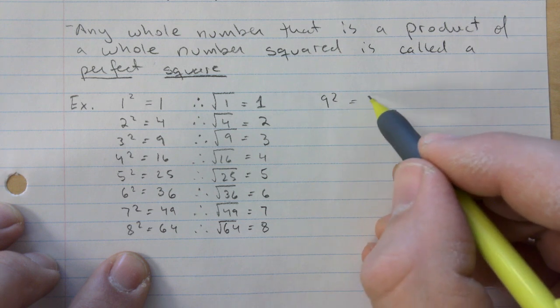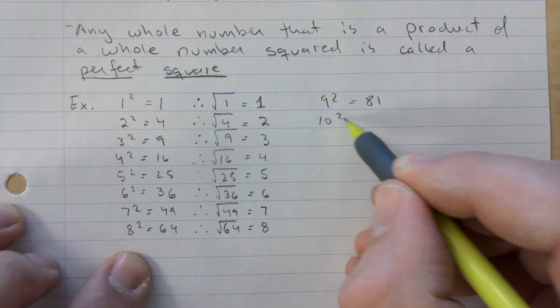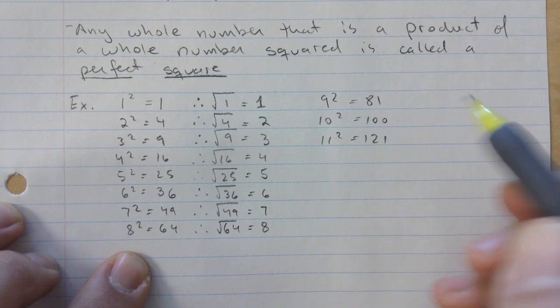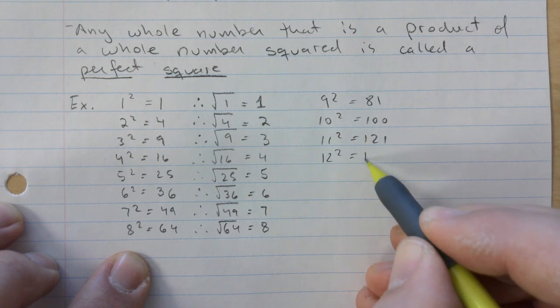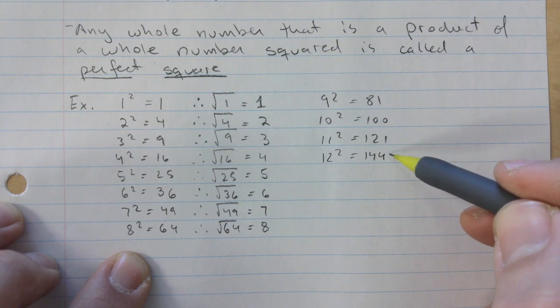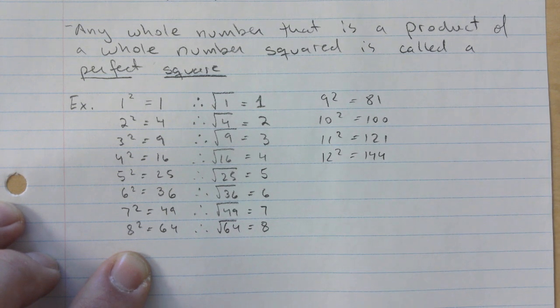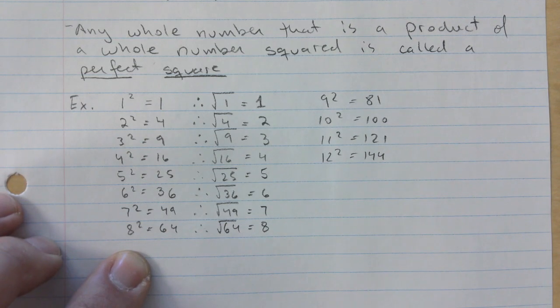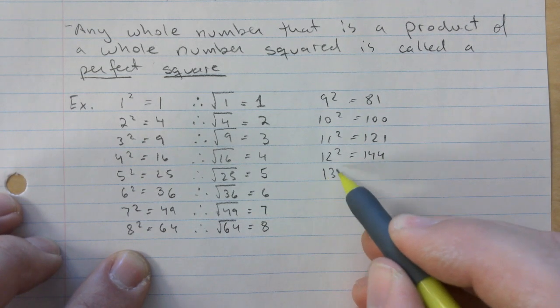So 9 squared is 81, 10 squared is 100, 11 squared is 121, 12 squared is 144. So these are the ones you need to maybe review or be familiar with, because if you identify it's like, aha, this is a perfect square, it's going to be a lot easier for you.